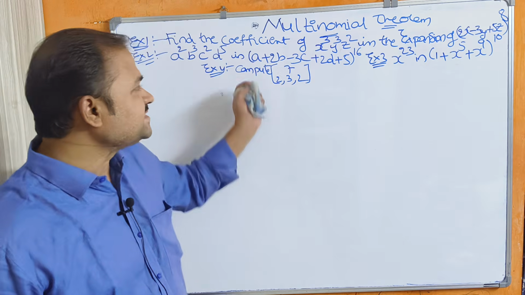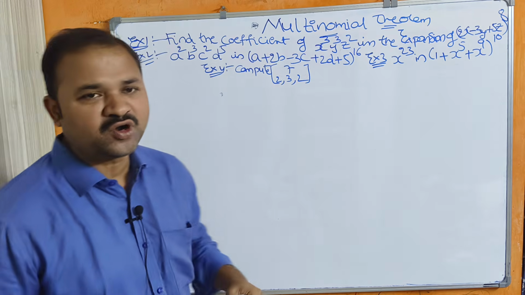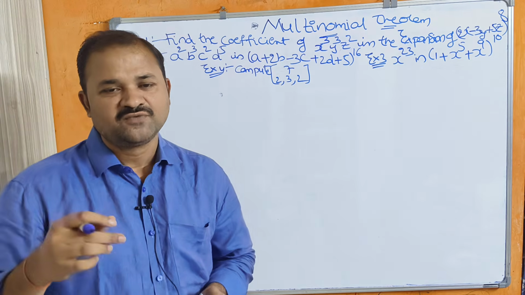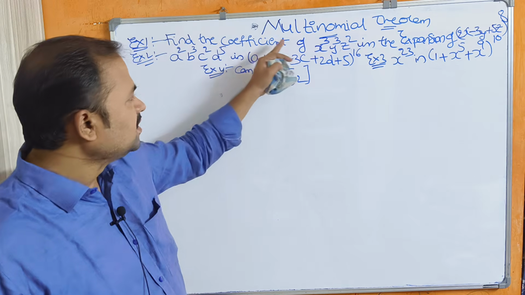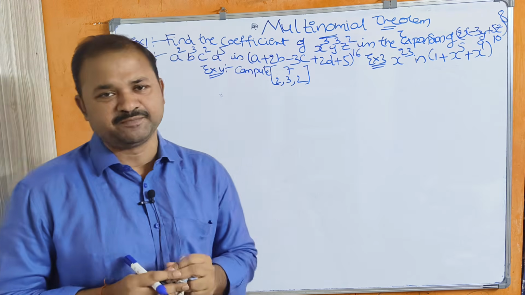Now let us discuss four different examples, four different varieties on the multinomial theorem.